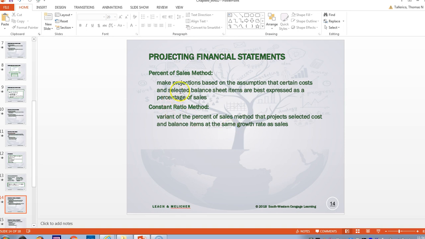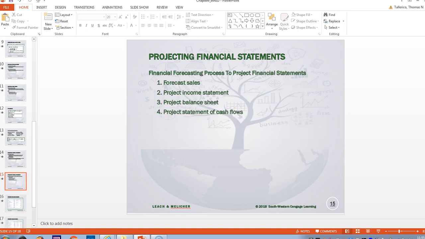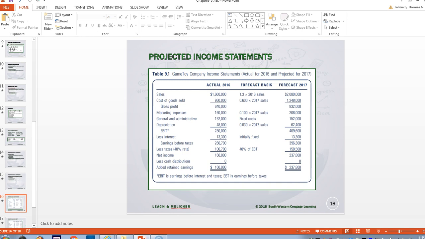Okay, so there's a couple ways of projecting financial statements. One is called the percent of sales method, and the other is called the constant ratio method. So that's all you have to know, those two. The rest is not something you have to worry too much about. Here's a projected income statement.